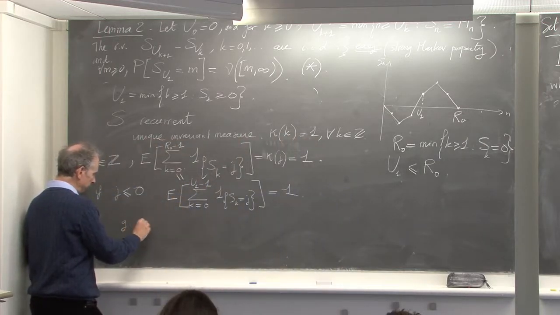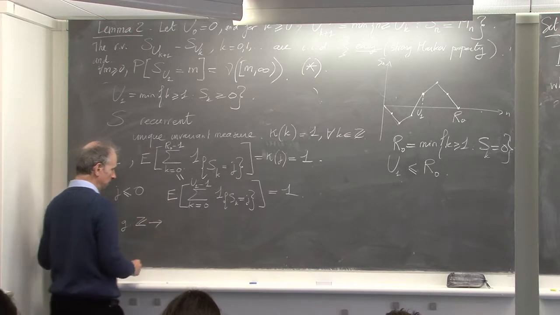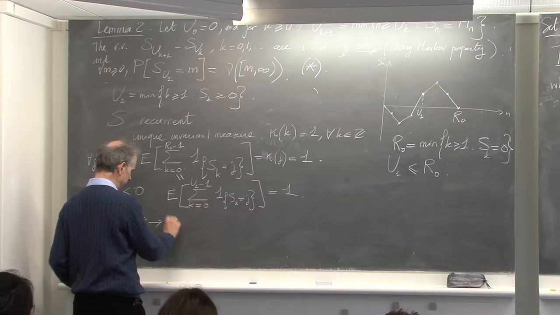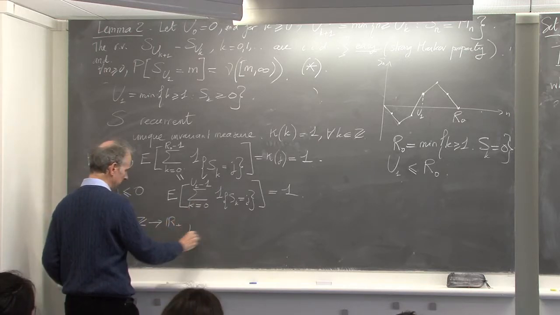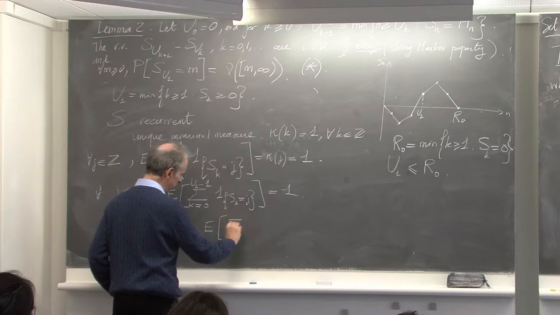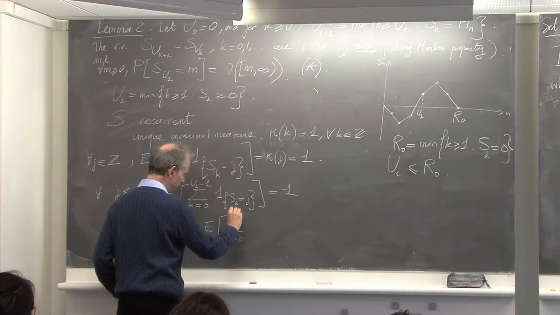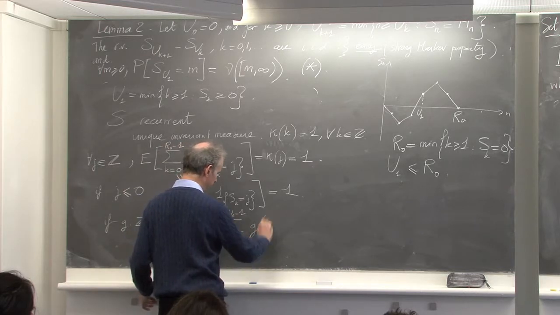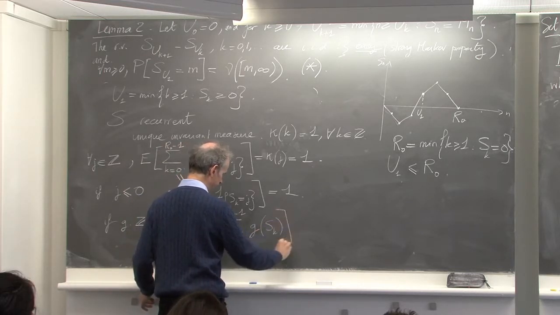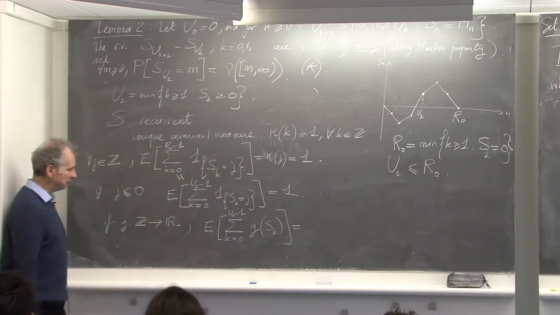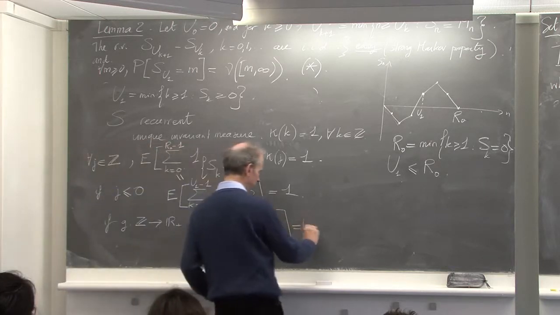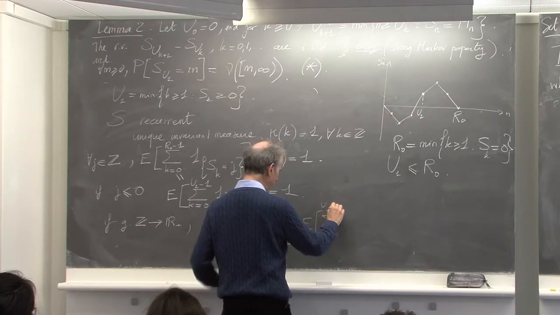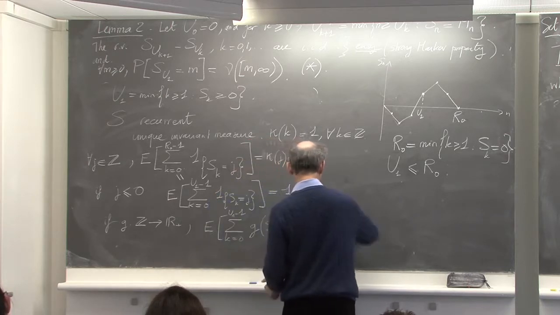Now I need something more. Suppose I have a function g from Z into R plus. Suppose I look at the expected value of the sum from k equals 0 to U1 minus 1 of g of Sk. How can I compute that? It's very easy.